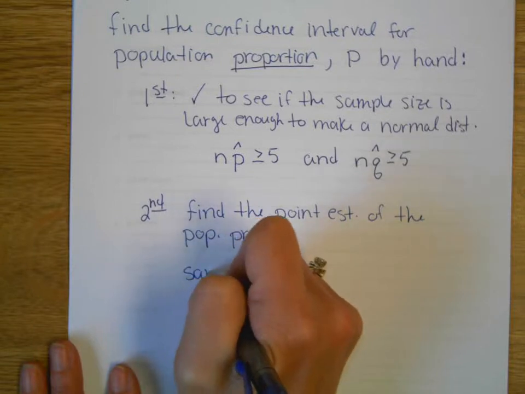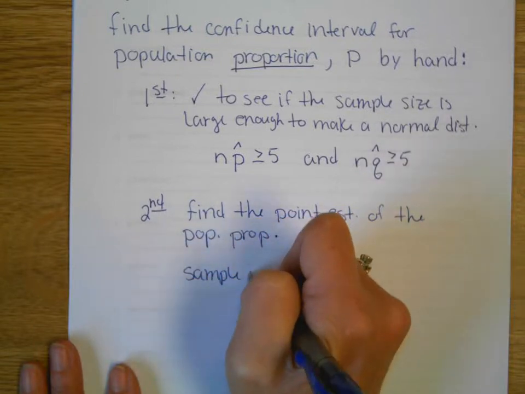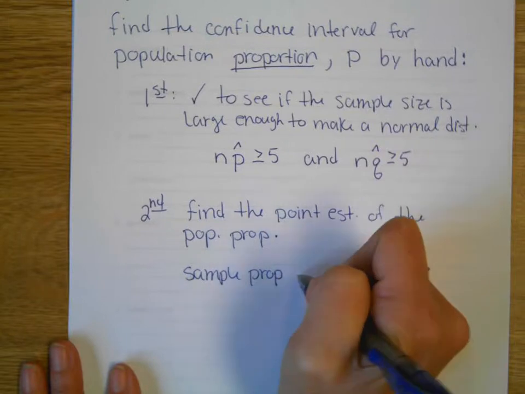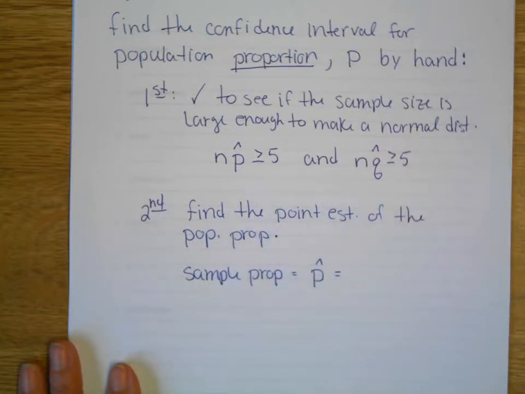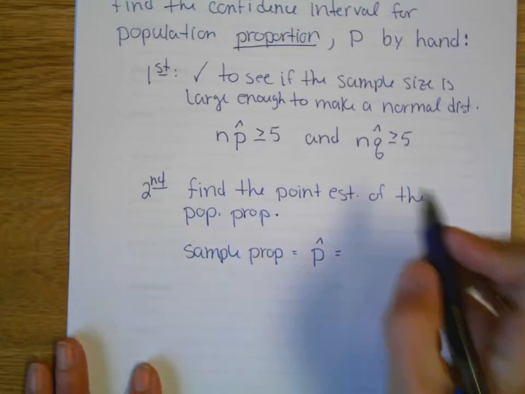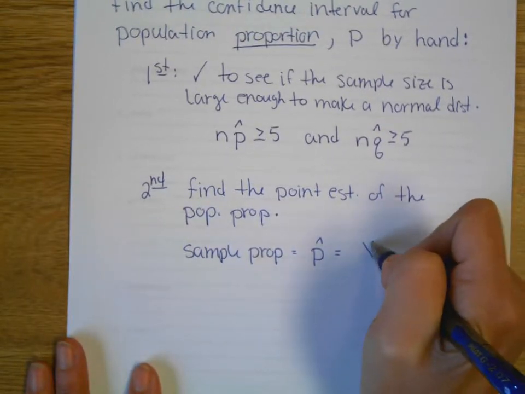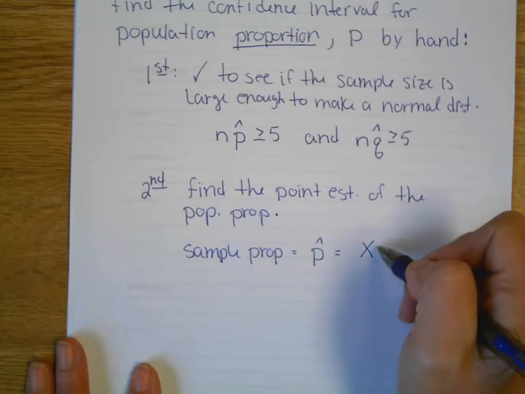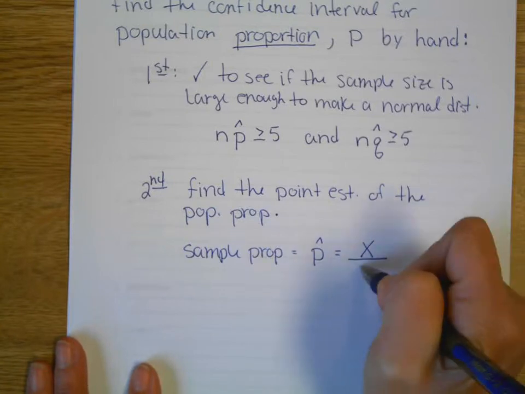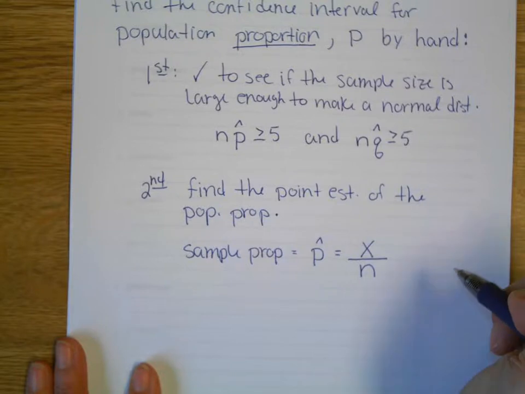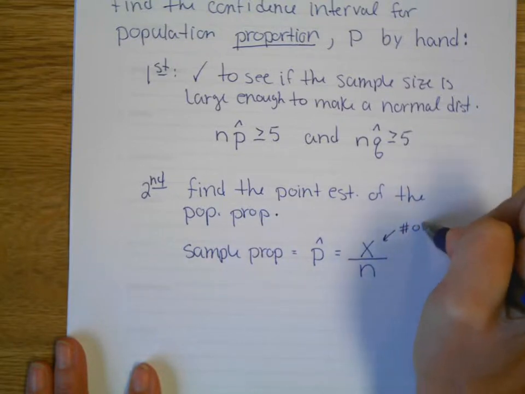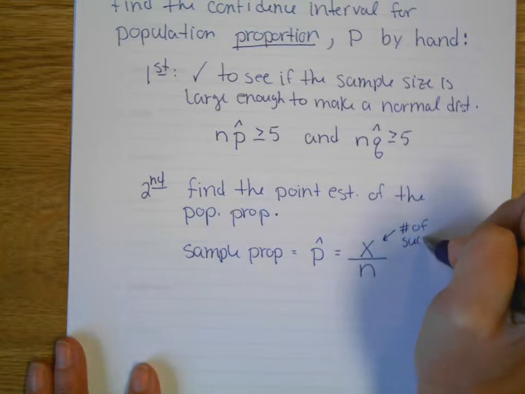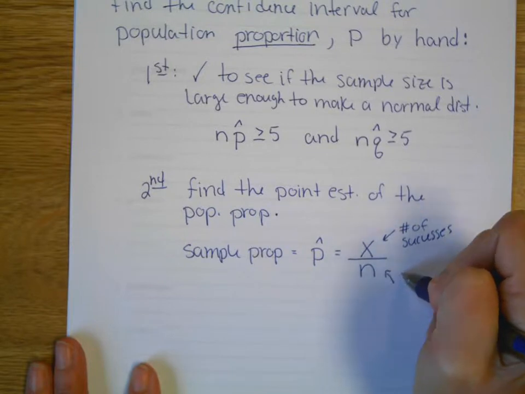The sample proportion is called p hat, and what you're going to do is take the x, which is the number of successes, divided by the sample size.